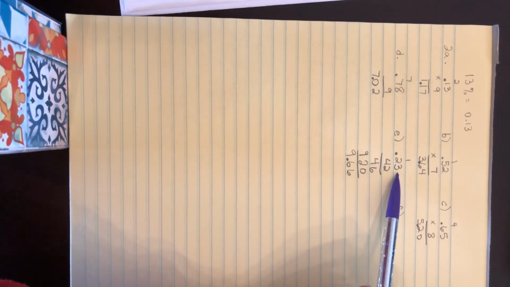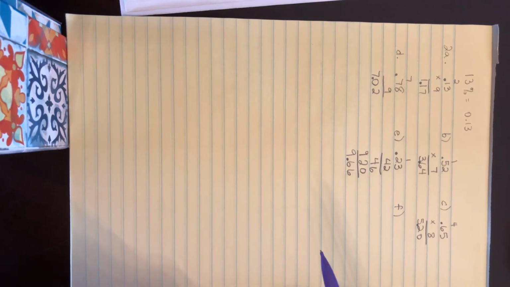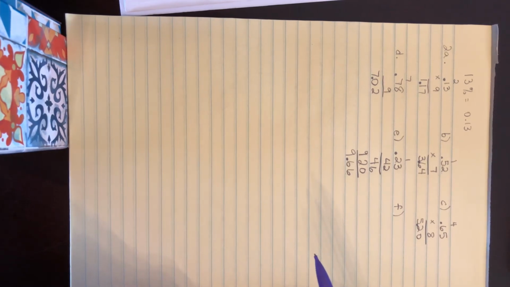Now you might wonder, does it matter if I put the decimal or the percent on top or the number on top? Well, we know in multiplication that order doesn't matter.